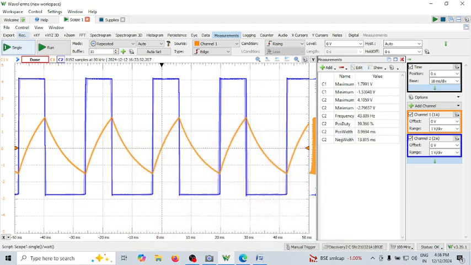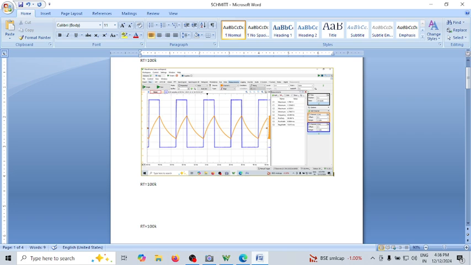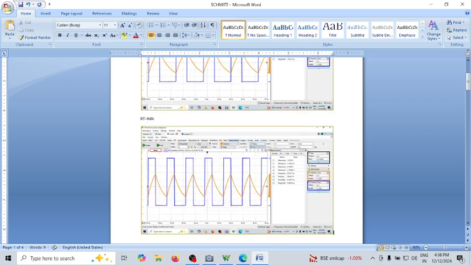Let me run it again. This is the previous one. You can see now the timings have altered. I'll take another screenshot, which corresponds to a value of RT of 68 kilo ohm, and I'm just pasting it here.